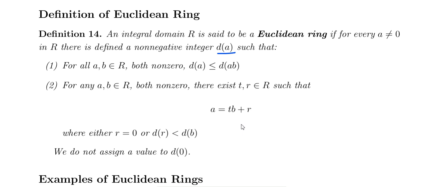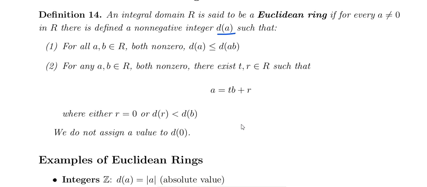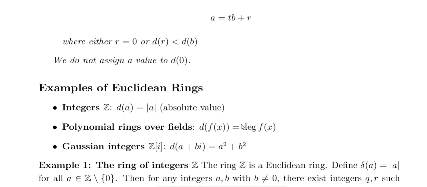And for every a comma b, both non-zero, there exist t comma r in R such that a equals tb plus r, where either r equals 0 or d of r is less than d of b. That ring, the integral domain, is called a Euclidean ring.